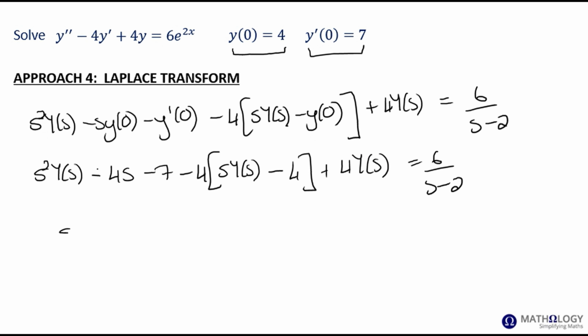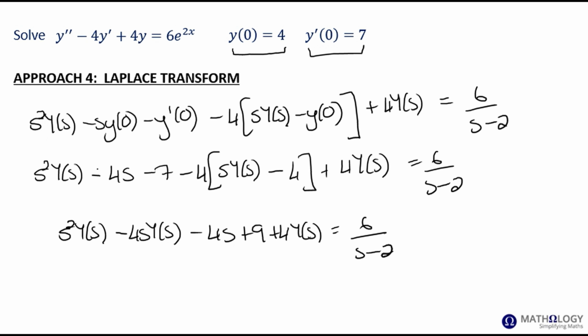So cleaning that all up gives us s squared Y of s minus 4s Y of s minus 4s minus 7 plus 16 is plus 9, plus 4 Y of s equals 6 over s minus 2.